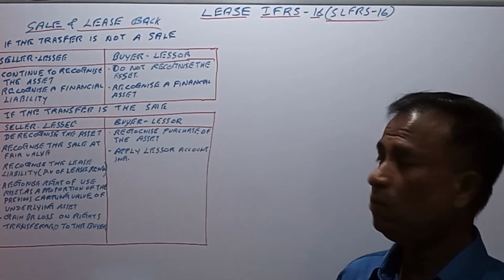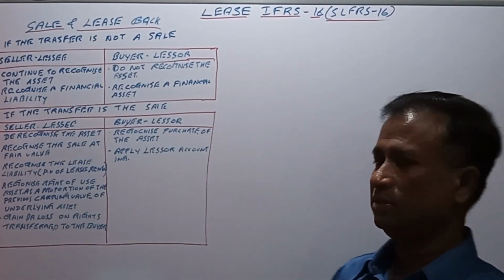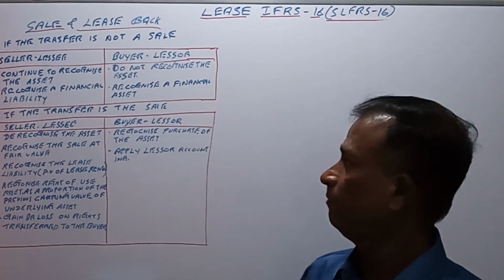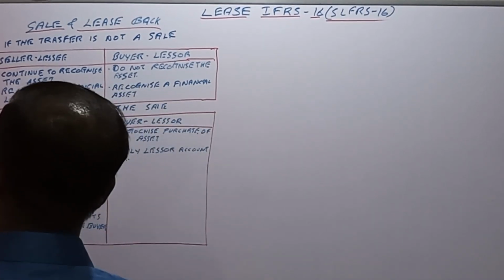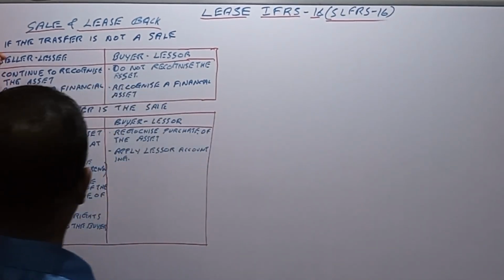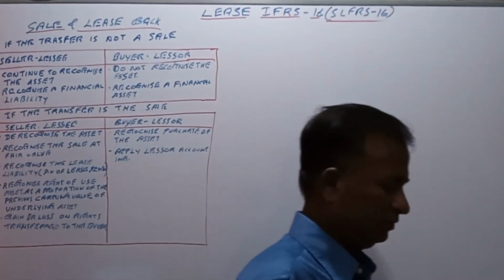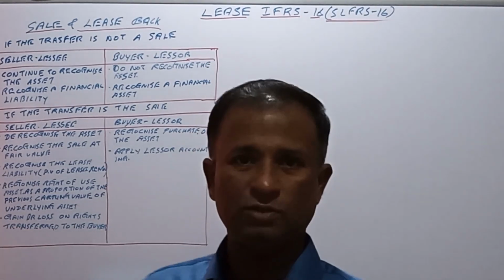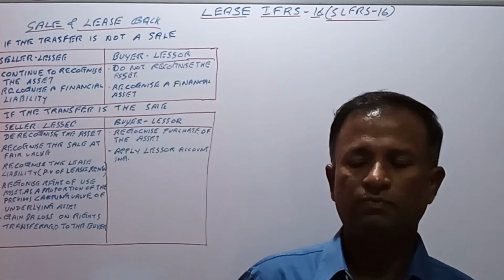And now we will see sale and lease back. In the sale and lease back, if the transfer is not a sale and lease back, can you understand what is the sale and lease back?